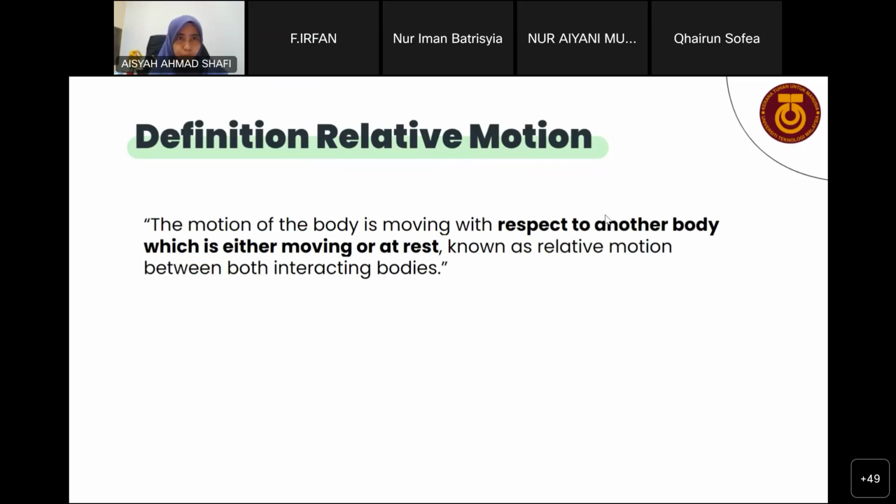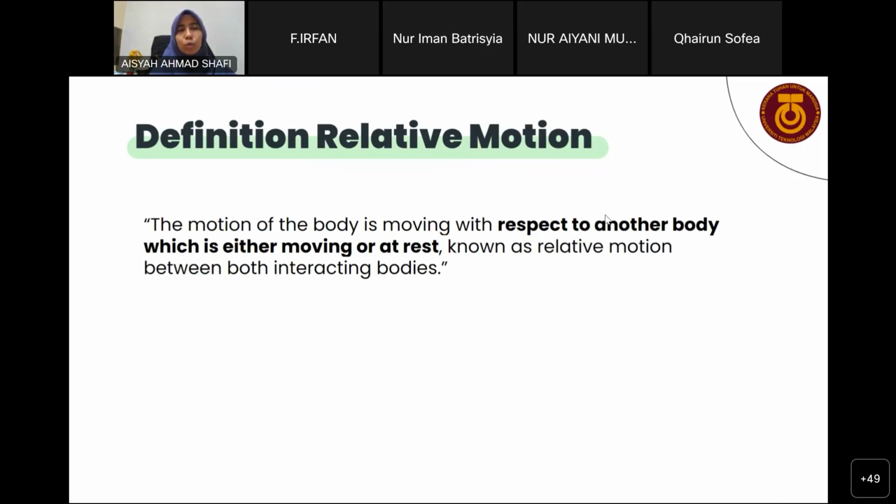Okay, so now we proceed to relative motion. Previously we have learned motion in a straight line and motion in a curved path.